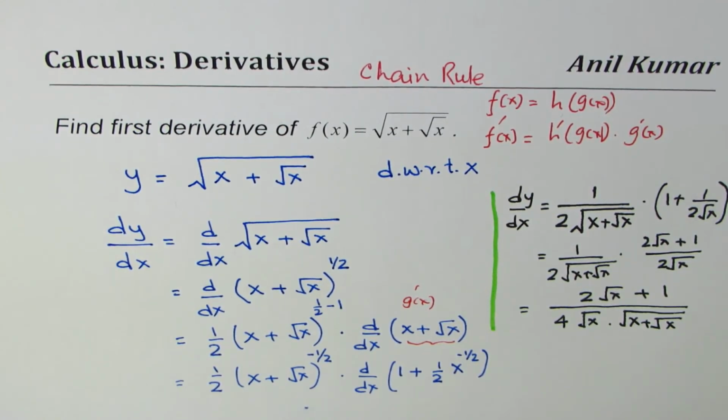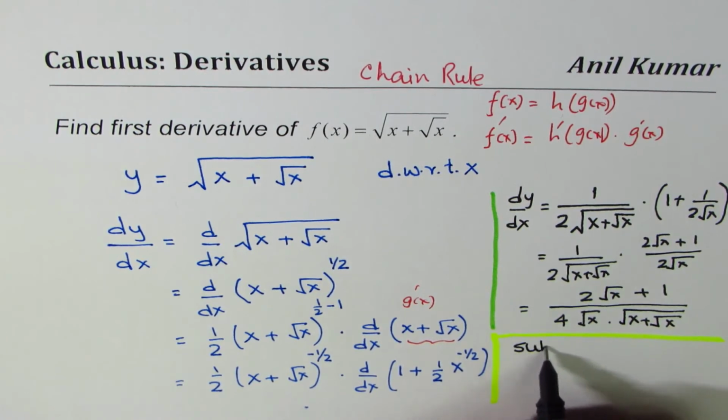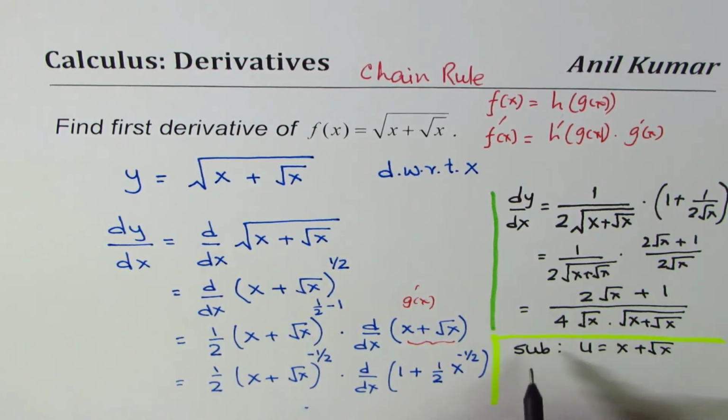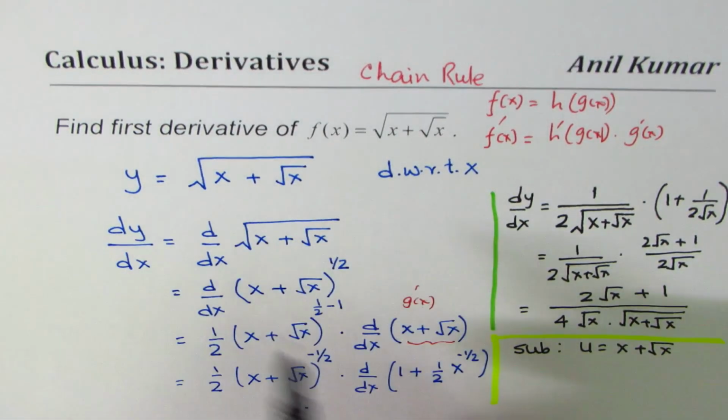Now it's very important to understand how the chain rule has been applied, and then we have solved this particular question. Now for some of you, you could also do it by substitution, and I'll not solve it using substitution, but what you can do here is that you can substitute, let's say u equals to x plus square root x, and in that case we can write y equals to, right?